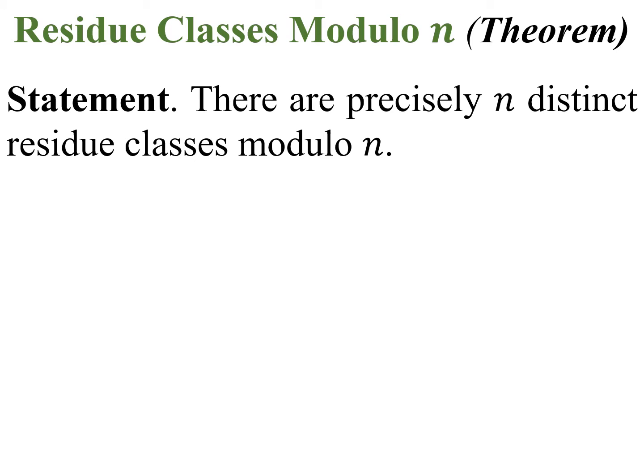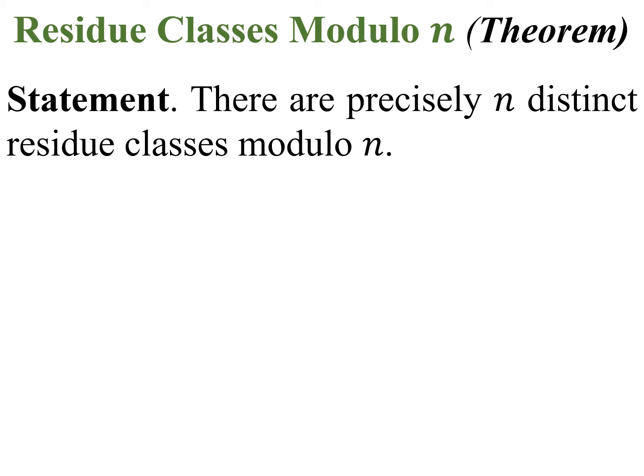Here we are going to learn the theorem: there are precisely n distinct residue classes modulo n. With the help of an example, we can verify this. Modulo 6, there are exactly 6 residue classes, that are class of 0, class of 1, class of 2, class of 3, class of 4 and class of 5.